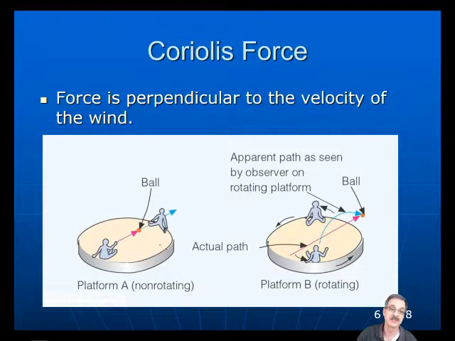The way you can look at this is you can have a non-rotating platform and a rotating platform. I'll have an activity in class to show you this, a better idea than just this static picture. If you just roll the ball to your friend on the other side of the platform, and it's not rotating, the ball will roll right to them.